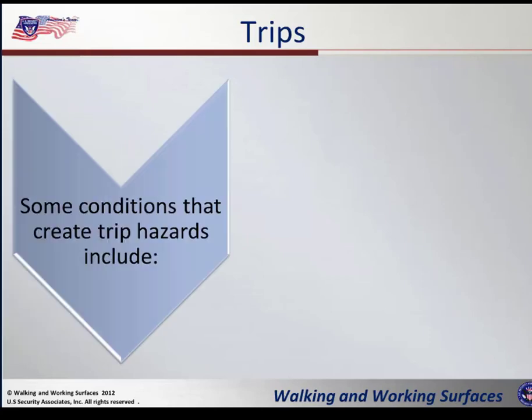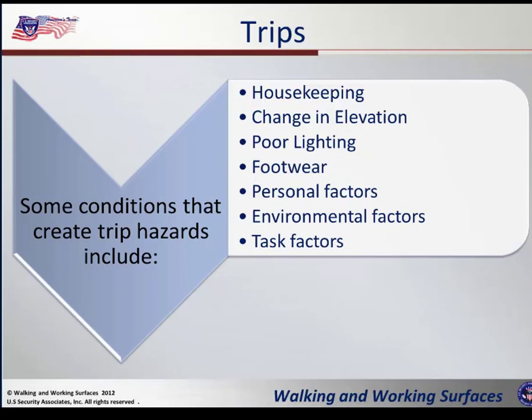Trips. Some conditions that create trip hazards. Now, these are the conditions that you want to look for when you're out there on the round. Now, you may not be able to change any of these conditions, but you can make your supervisor or the area supervisor aware of what's all going wrong. The first one is housekeeping.